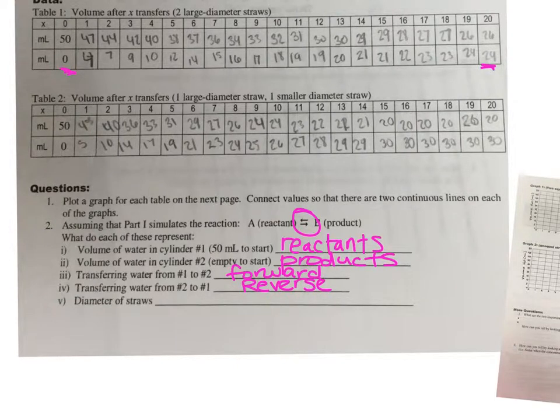Okay? And then the diameter of the straws. What are you guys thinking on that? It could be a couple things. Obviously the bigger straw collected more water that was able to move versus the little straw, right? So if we think about our table number 2 and the difference between those, what does that tell you?